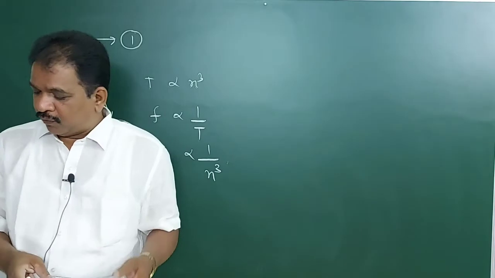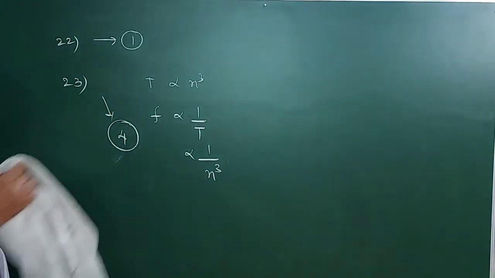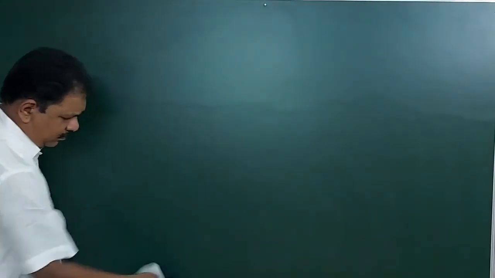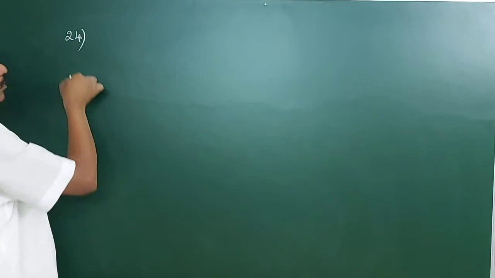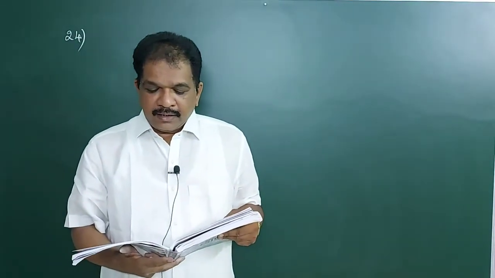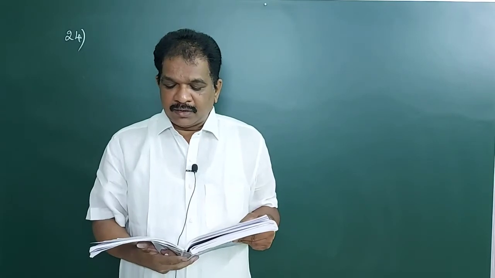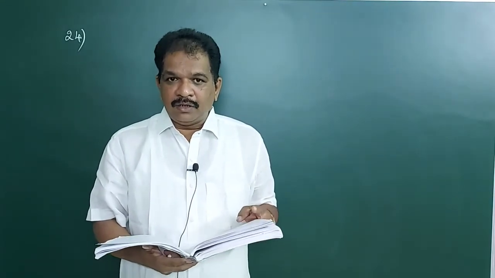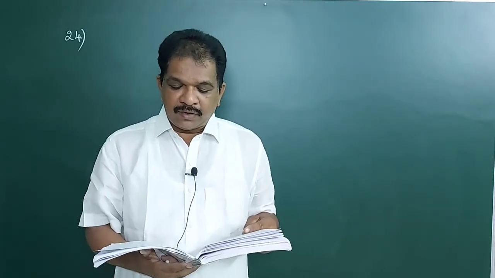Next, 24. What they are asking. A hydrogen atom in the ground state absorbs 10.2 electron volt of energy.